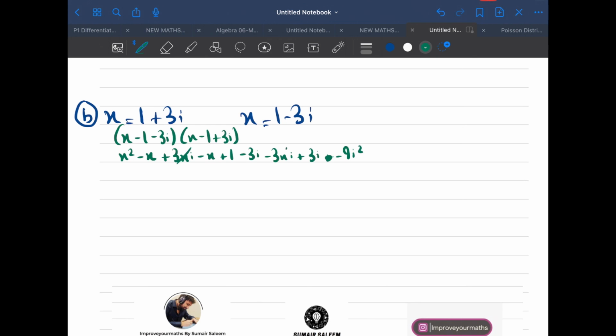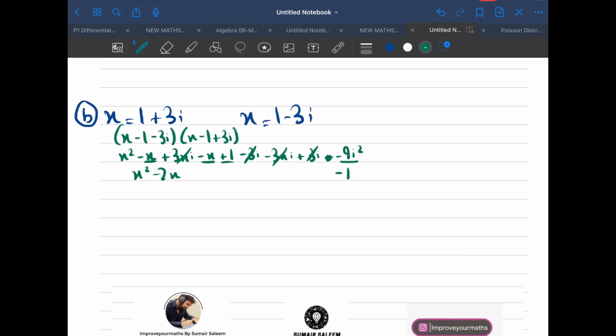So this and this cancel out. So x square minus x makes what? Minus 2x. Plus 3i minus 3i cancels out. Now minus 9i square and plus 1.